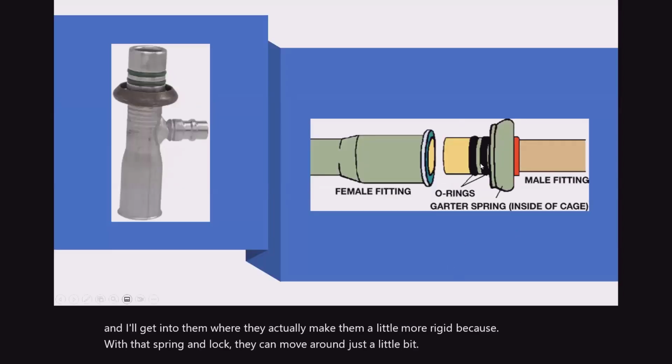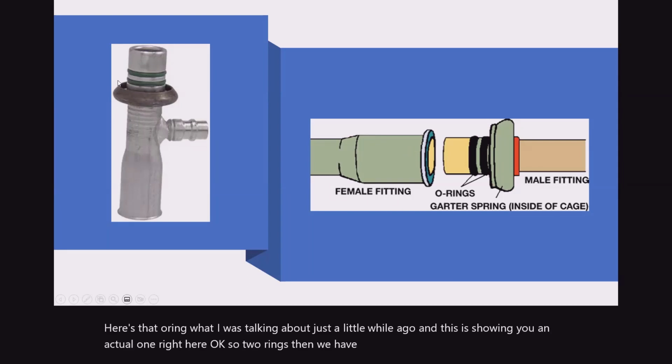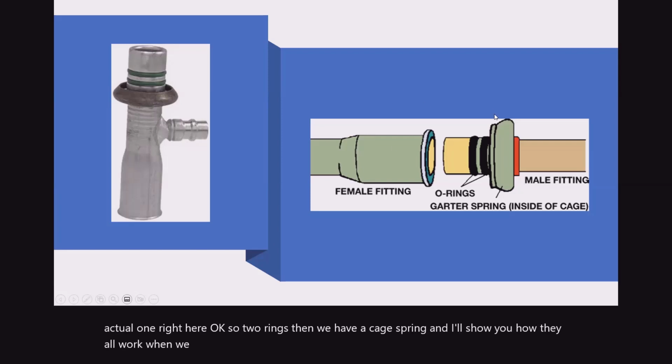So here is that O-ring I was talking about just a little while ago, and this is showing you an actual one right here. Okay, so two O-rings, then we have a cage spring, and I'll show you how they all work when we get more into the lines and stuff.